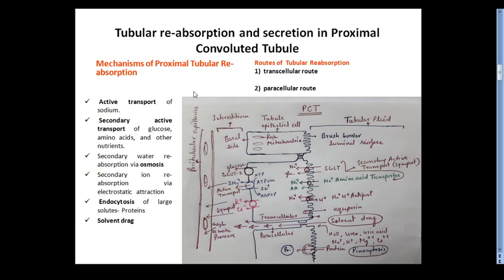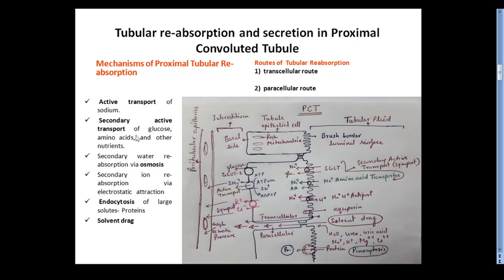Now, what are the different mechanisms which are involved in the PCT and in other parts of the renal tubule also? The first one is the active transport of sodium. This is the sodium potassium ATPase active transporter, which provides the concentration and electrical gradient for reabsorption of sodium.